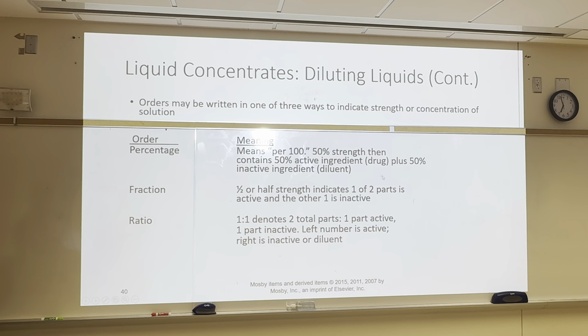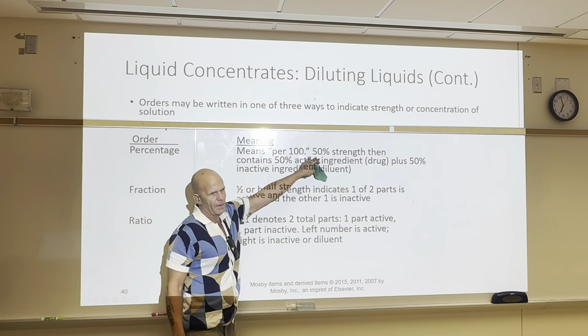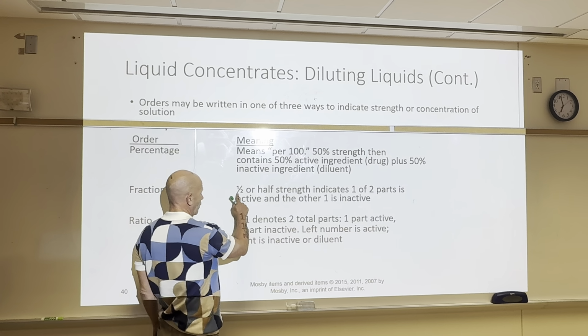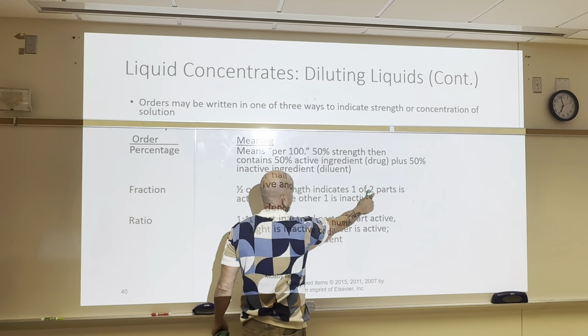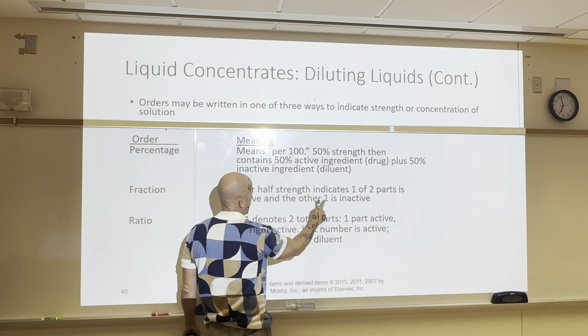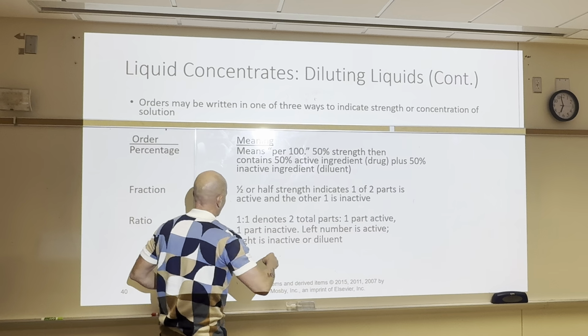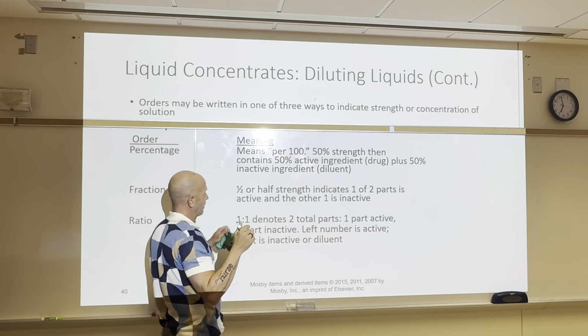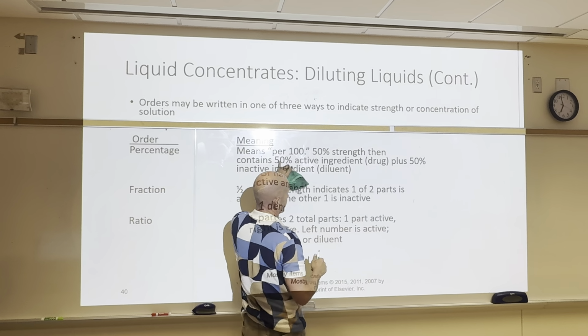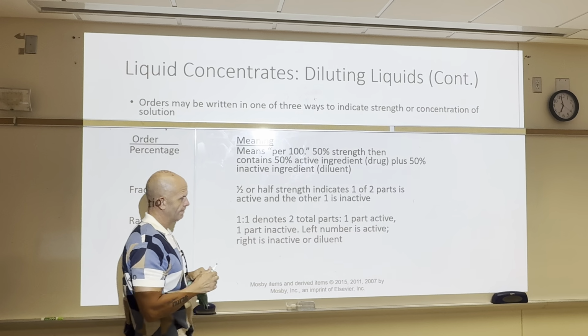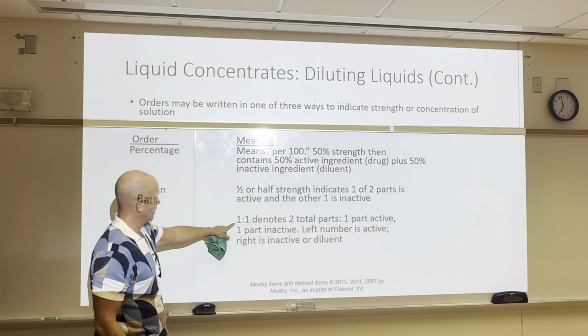If it says half strength, then that contains 50% active ingredient plus 50% inactive ingredient. What's 50 plus 50? 100. So half strength indicates one of 2 parts is active and the other one is inactive. So you have one half. 50 is 1, the other one's 1. So that's 1/2, okay? Now, 1-to-1 denotes 2 total parts.